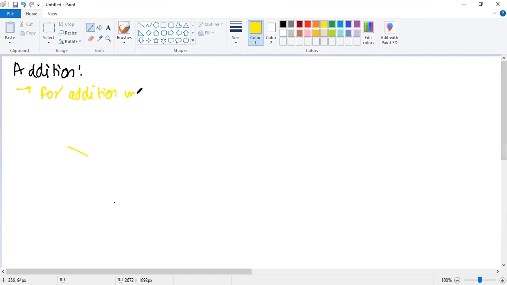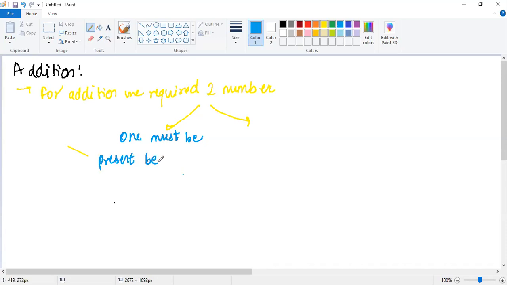For addition, we require 2 numbers, and one must be present in your accumulator, and the second might be present anywhere.